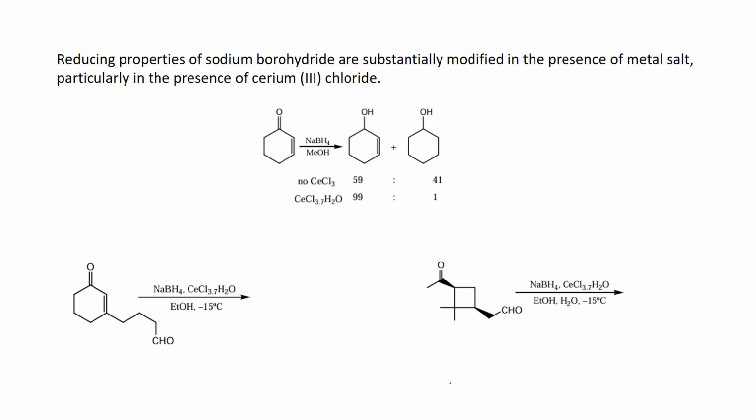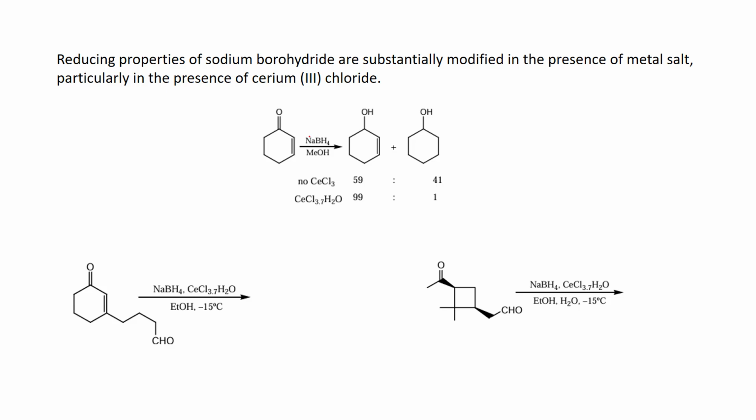So let's go to the reaction. This NaBH4, similar to the LiAlH4, will just reduce the carbonyl groups, but the reducing property of sodium borohydride is substantially modified in presence of metals, particularly in presence of cerium chloride. So what happens if we add NaBH4 to this alpha beta unsaturated compound?